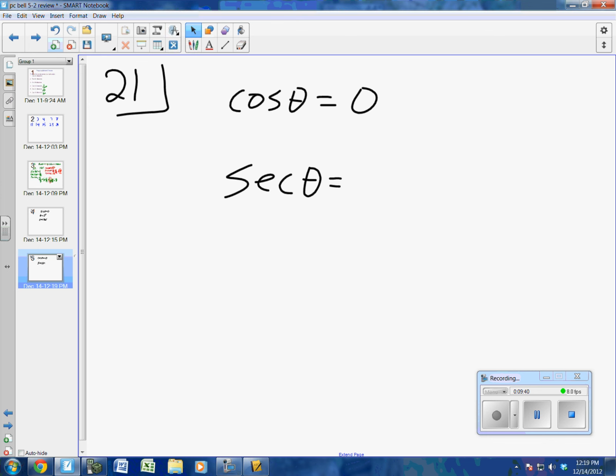The x coordinate's 0 right there and right there, right? So in a 90-degree angle, the cosine of theta is 0, okay? Well, what is the secant defined to be? It's defined to be 1 over x. Okay, it's the reciprocal of cosine. So 1 over x would be 1 over 0, which is undefined.